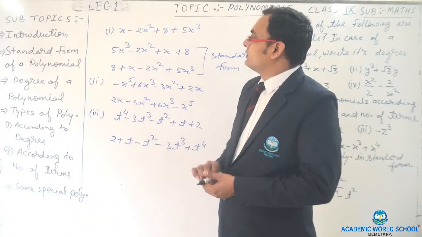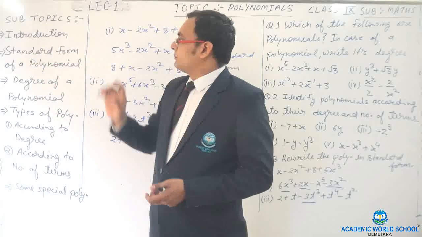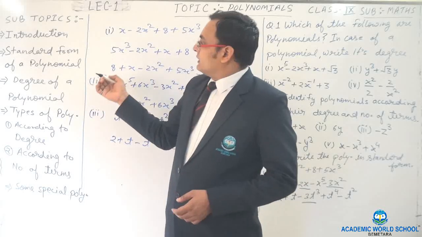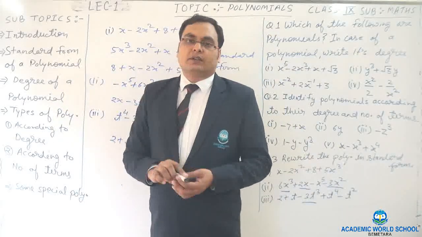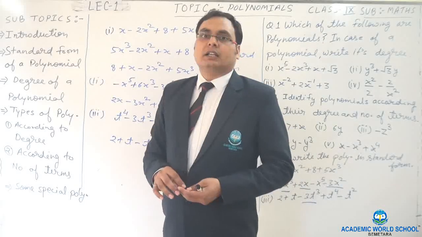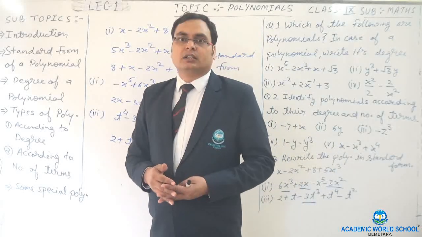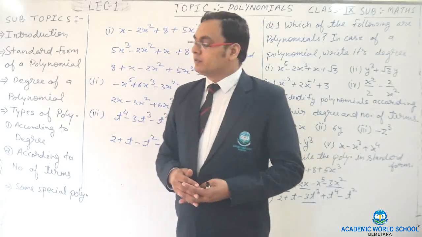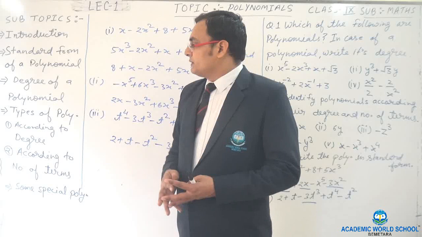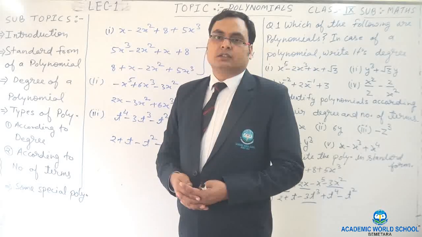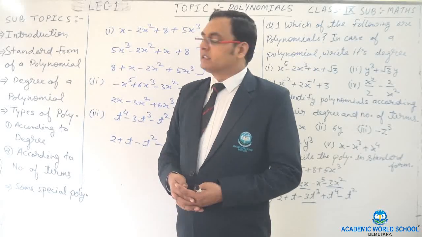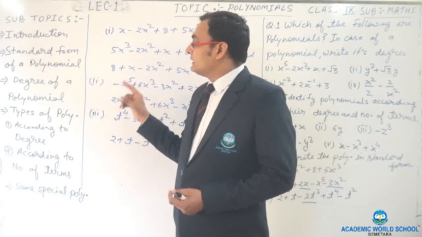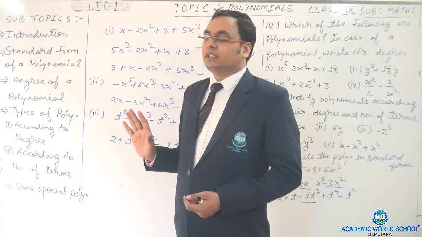So till now we have studied what is the polynomials, what is the standard form of a polynomial. Standard form of a polynomial is if we write the polynomial either in decreasing order of its power of terms or in increasing order of power of terms. Degree of a polynomial, the highest power of the variable is the degree of a polynomial. Remember, we are talking about the highest power of the variable only.